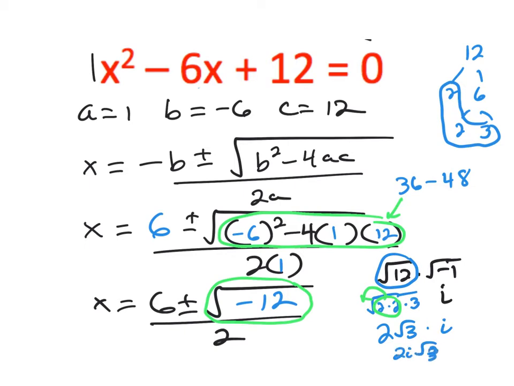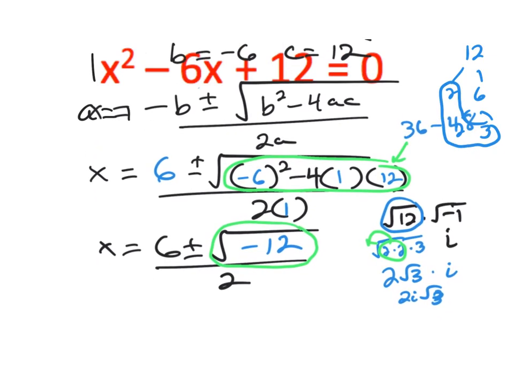So coming back into the original problem here, we would get x equals 6 plus or minus 2i square root 3 all over 2. And again, that's acceptable as an answer, but notice that the coefficients here, 6, 2, and 2, they're all even numbers.